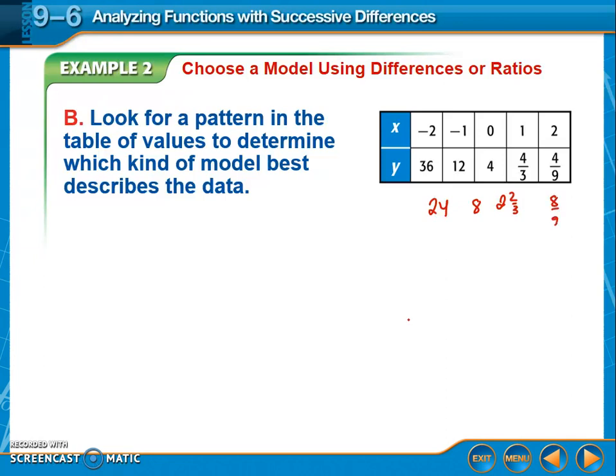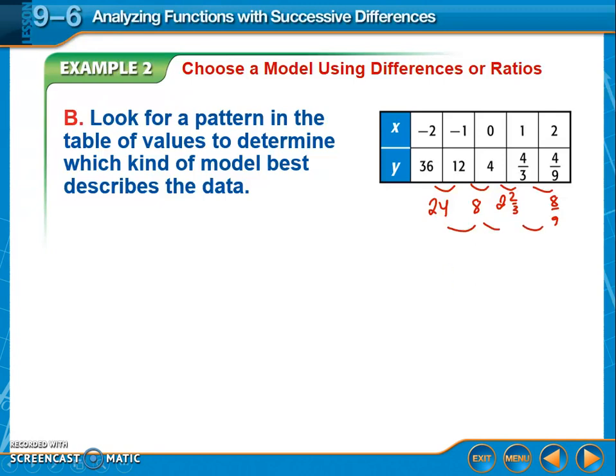So looking at these, I want to see if something's going to be quadratic after you found the first differences. The difference is how much it's increasing or decreasing by. So between these it was 24, 8, 2 2/3, and 8/9. But if I go between 8 and 24, I want to see if these are the same for the next level.